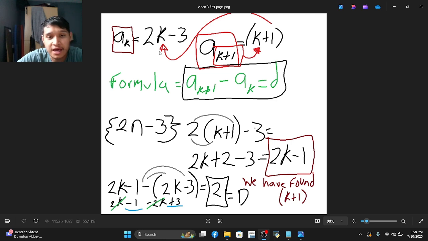So if a sub k is equal to 2k minus 3, we're going to put this in parentheses. And outside of the parentheses, we're going to write 2 times k plus 1 minus 3. This will be equal to 2k plus 2 minus 3, which is equal to 2k minus 1.